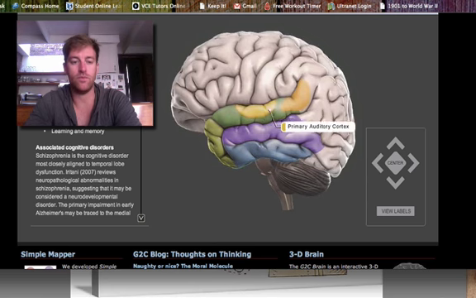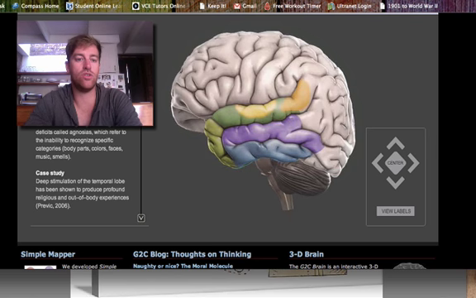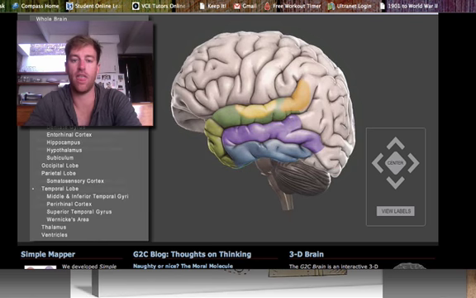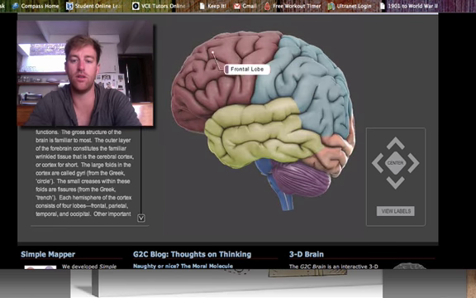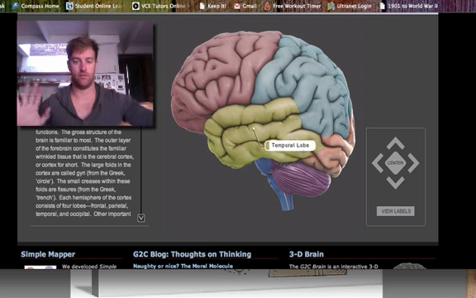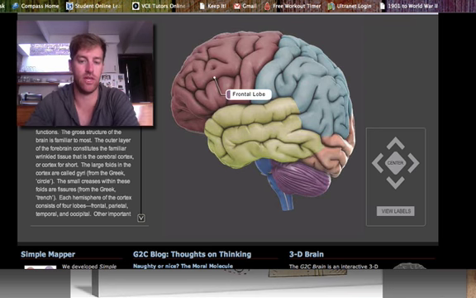So that is the brain in a nutshell. Just so you remember, we'll go back. Frontal, parietal, occipital, temporal, F-POT. You know this. Frontal, movement, primary motor cortex.